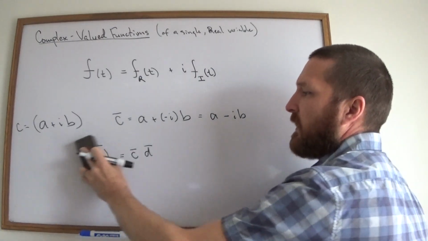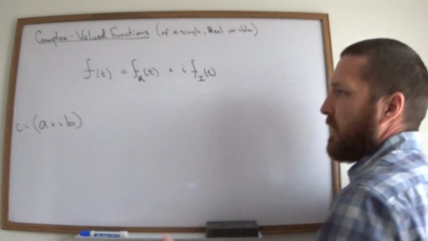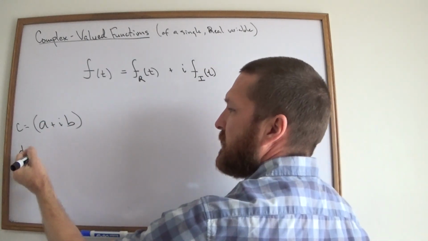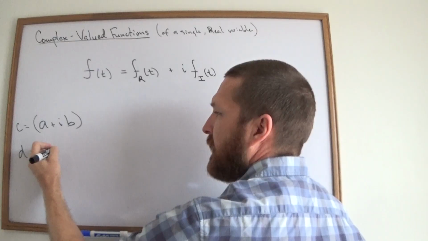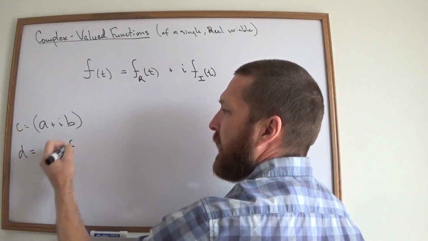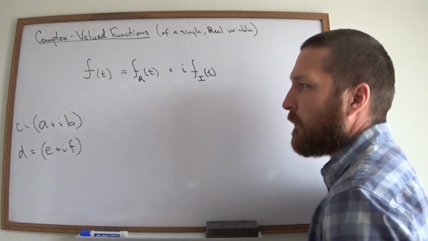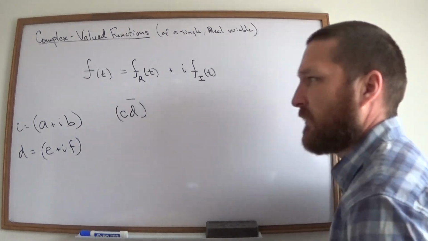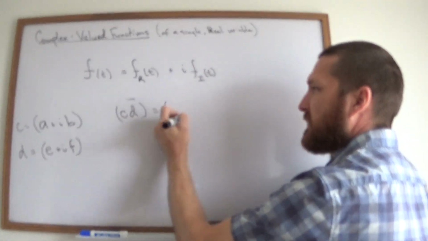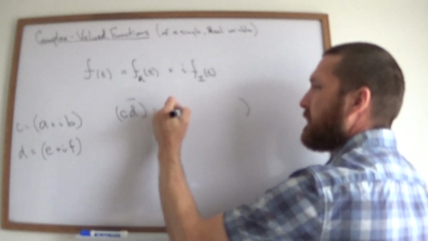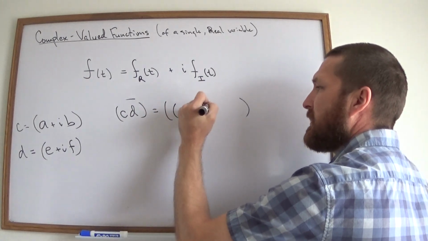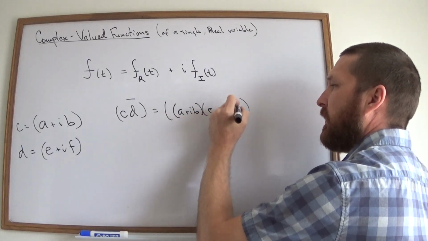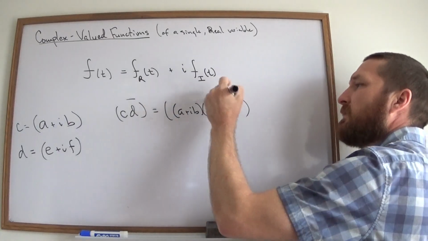So let's take two complex numbers, c and d, and we'll say that c is a plus ib and d is, how about e plus if, where a, b, e and f are real numbers. And now what we want is to take cd, and then take its conjugate. So let's first compute what cd is. cd would be a plus ib times e plus if. We're going to multiply that out, and then we'll take its conjugate.